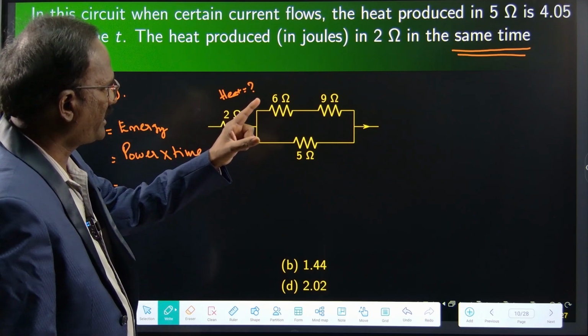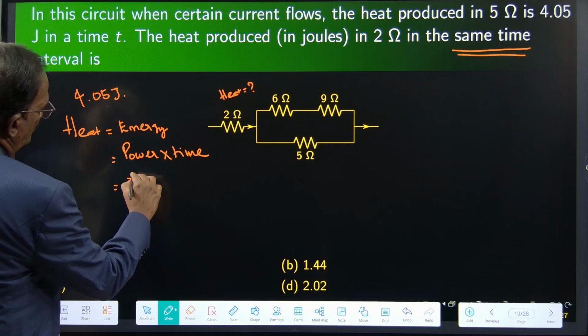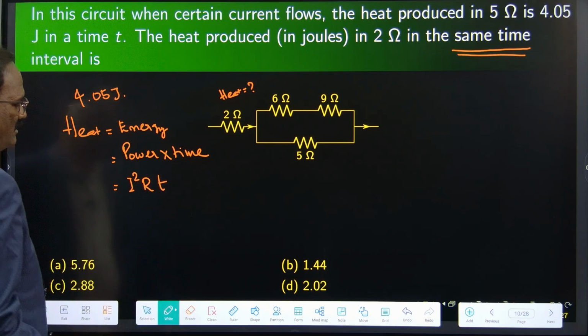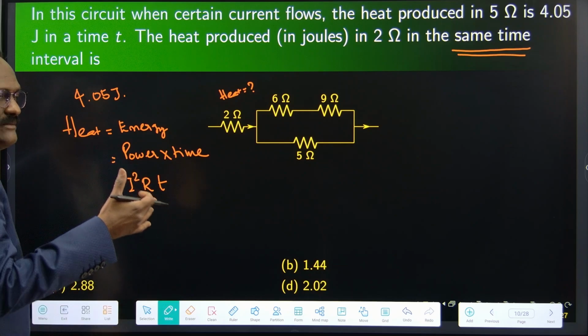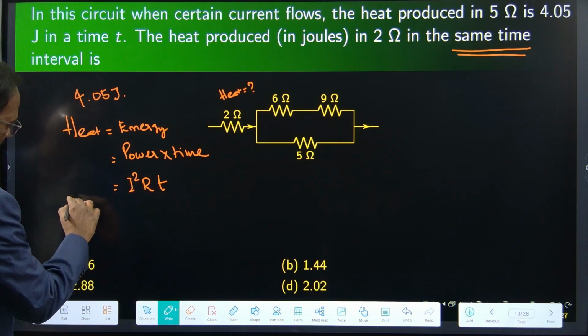It is 4.05, right? Power value is I square R, let us assume the same time interval is given. So let me assume T is equal to 1 second.